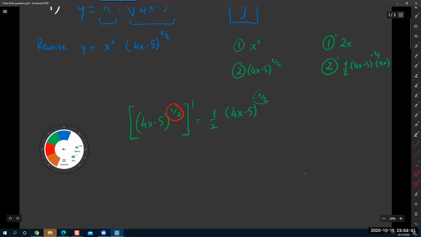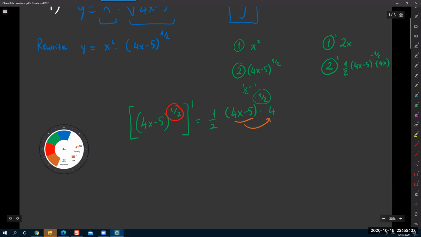The exponent is negative 1/2 because it is 1/2 minus 1, times 4. Where is that 4 coming from? The inside derivative. That's the chain rule. Make sure you watch the chain rule videos. This is not a lecture, this is just working out the problem.